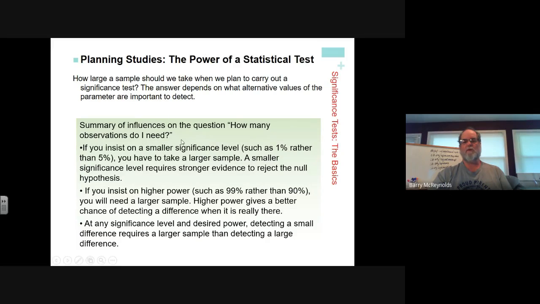Anytime we want smaller significance or higher power, which in an ideal world is what you would want. In an ideal world, you would conduct all of your tests at 1% significance or 99% power, and you'd be done with it. You would be very, very confident that you're not going to make either type 1 or type 2 error.